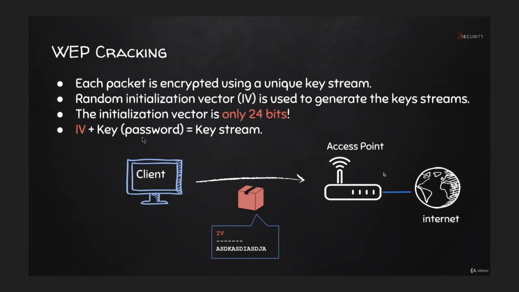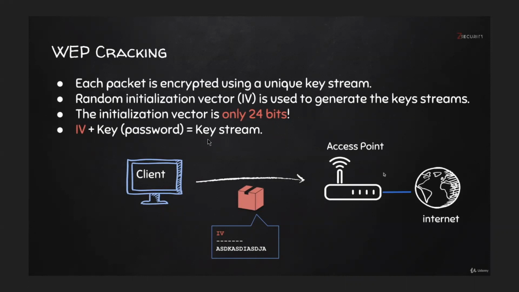So it is a combination of the key, the password, and the IV. The IV is randomly generated. It is an initialization vector of 24 bits. And this key stream is basically nothing but text.